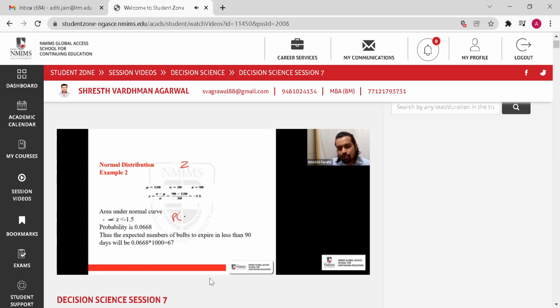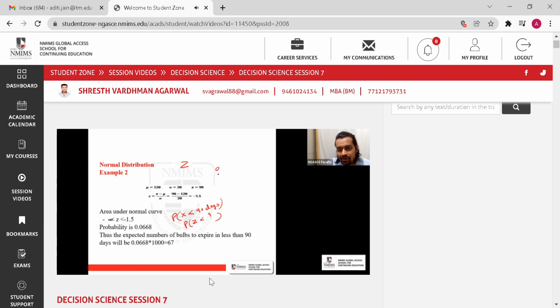We need to find the probability when a bulb is surviving less than 90 days. For this event, we don't know the Z value, so we need to find the Z value for this event. That can be calculated using this formula.